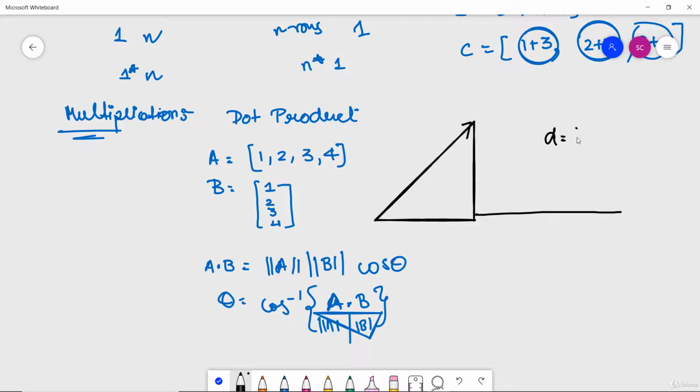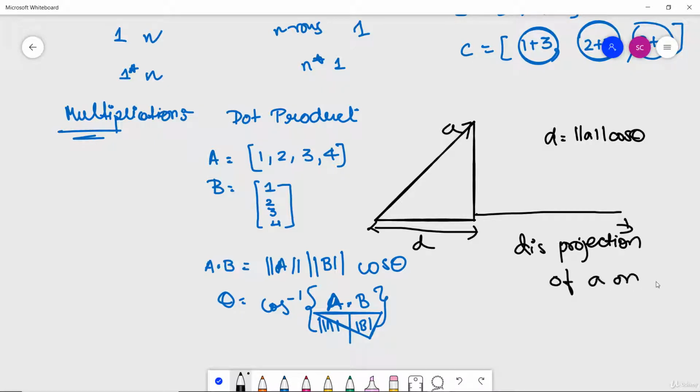So the distance is basically A cos theta, and this is D. D is actually the projection of A on B. So this we can say is B and this we can term as A. So D is the projection of A vector on B vector. And this is the theta, and this is the 90 degrees. So this is the projection and the unit vector.